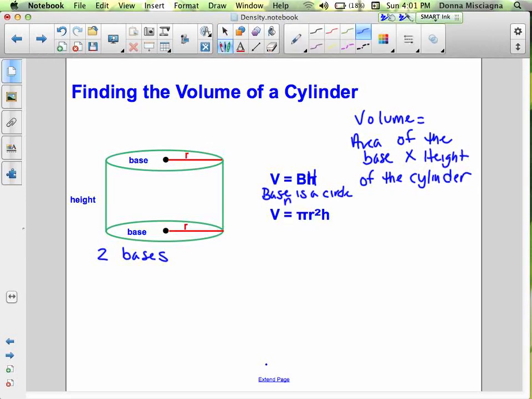So area of a circle equals pi r squared. And that gives us the formula for the volume of a cylinder, pi r squared times h, the height. The height is the distance between the circle bases.